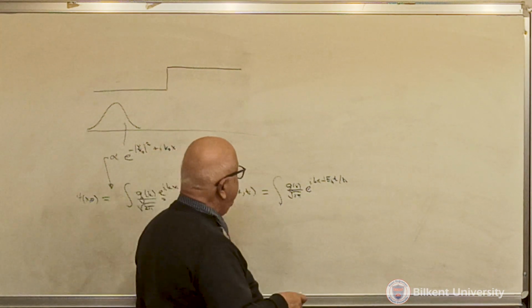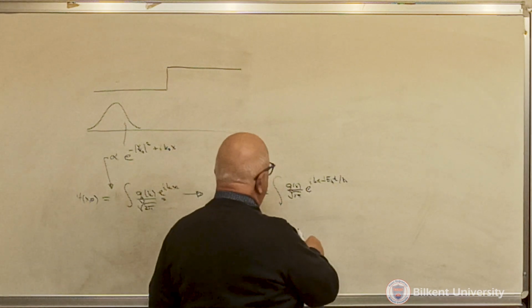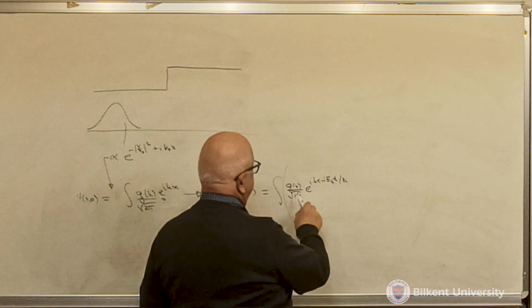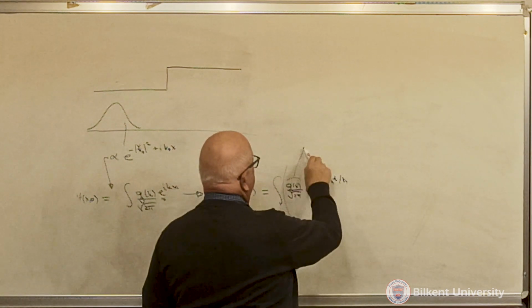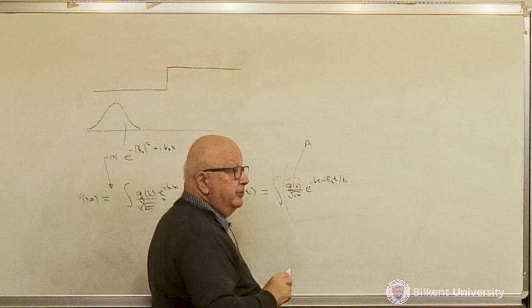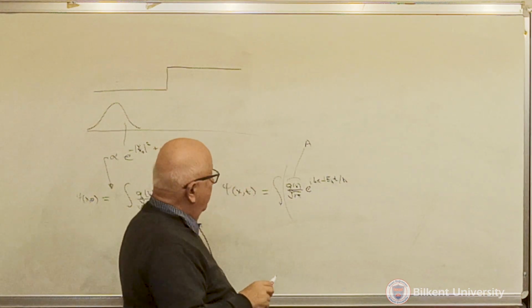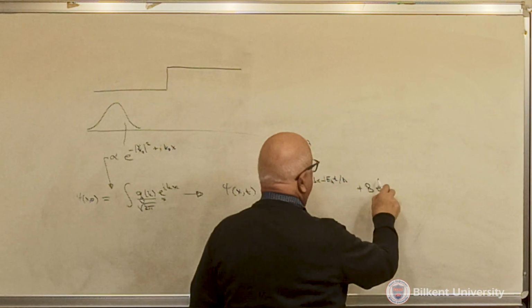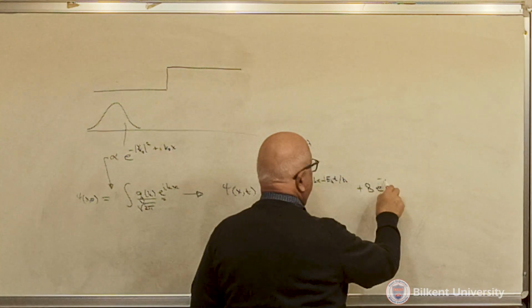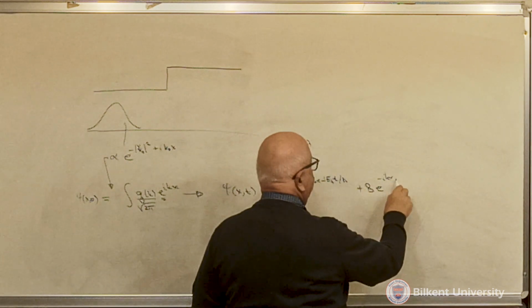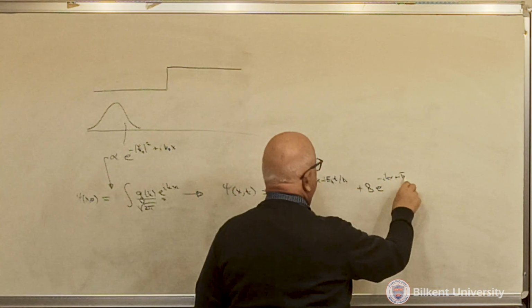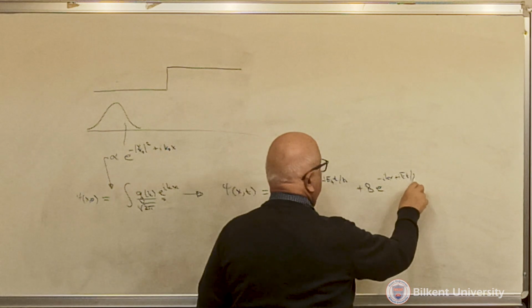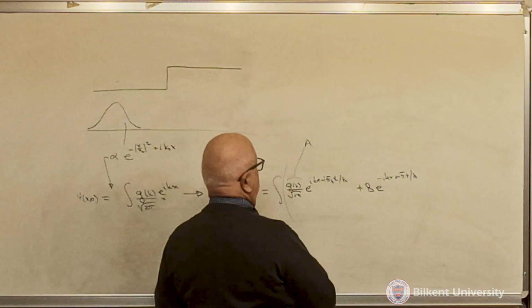But I'm also going to get the b and the c parts, right? So this coefficient is like my a part. Now I'm going to have a b part here, which is going to be e to the minus i kx plus i E t over h bar.